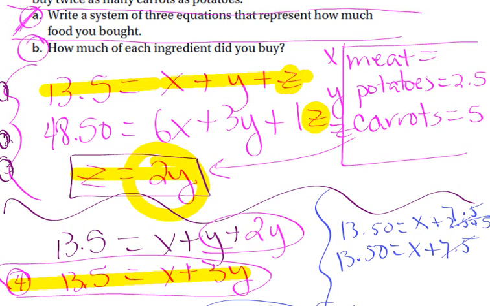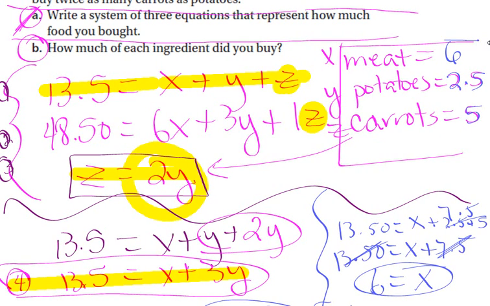Now when I subtract 7.5 from each side, I'm going to get 6. So there's my last variable. I have 6 pounds of meat, 2.5 pounds of potatoes, and 5 pounds of carrots. All right? And that is our answer.